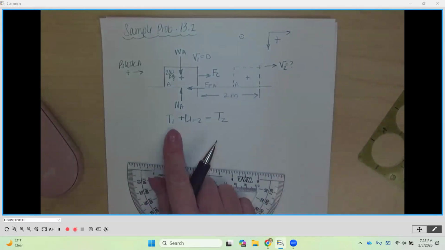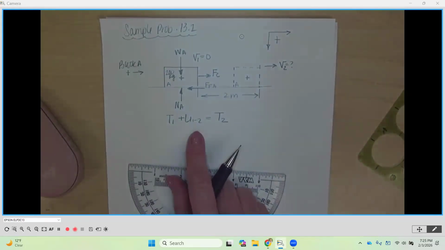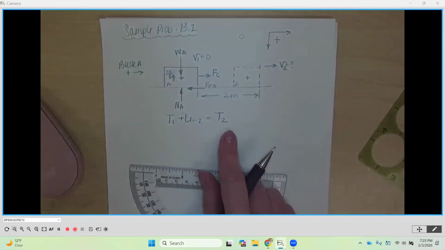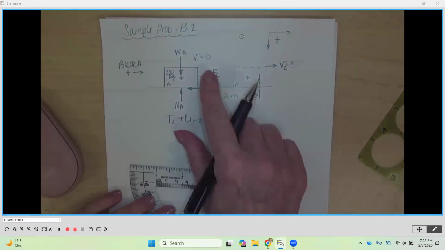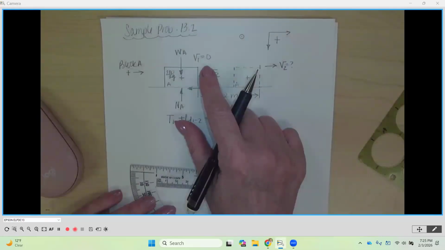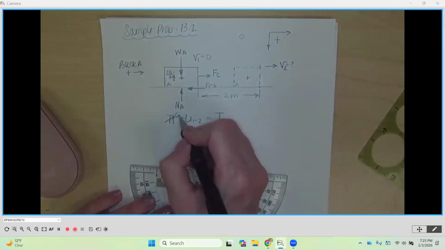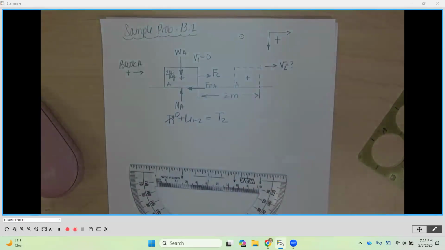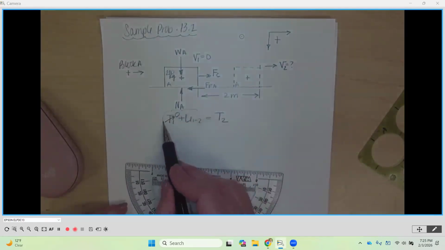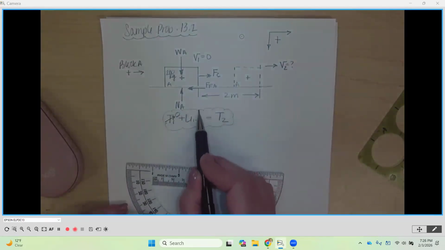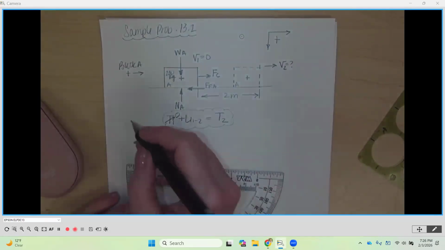So our kinetic energy in its initial state plus the work done is equal to our kinetic energy in its final state. Because we are starting from rest, T1 is going to be equal to 0. Okay, so we won't have to worry about that. We're just going to be worried about the kinetic energy after the work is done. So this will be our approach, if you would.